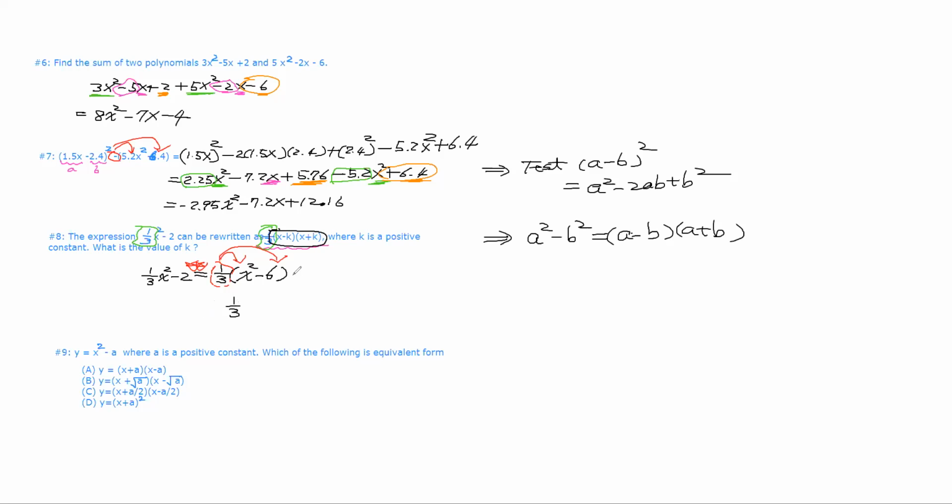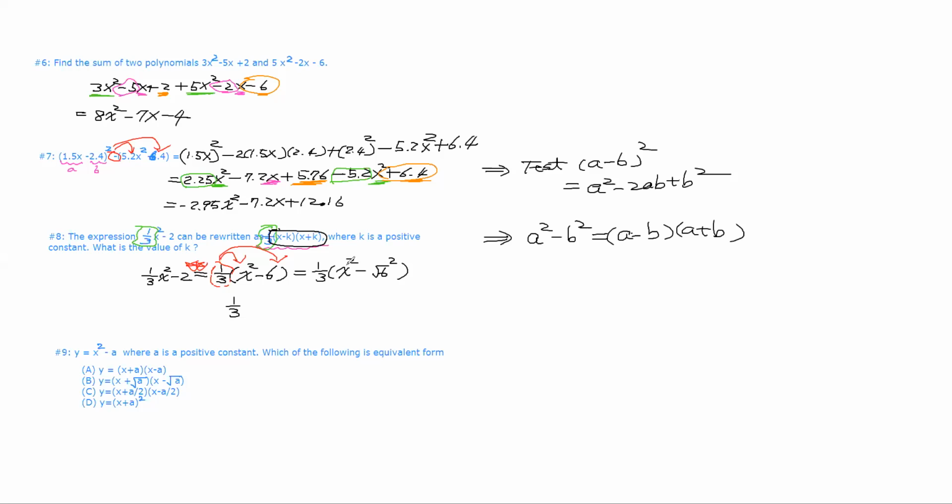Let me write it a little bit. In order to use that formula, I need a squared minus b squared. So what is the 6 going to be? Oh, I noticed it. This is the square root of 6 squared. Right? So now I see a match here.